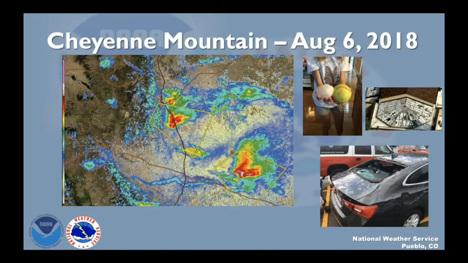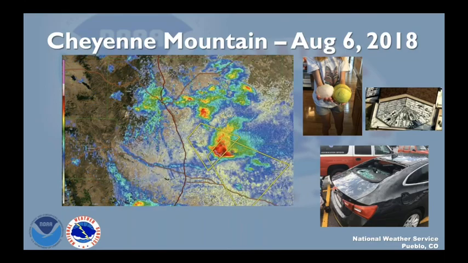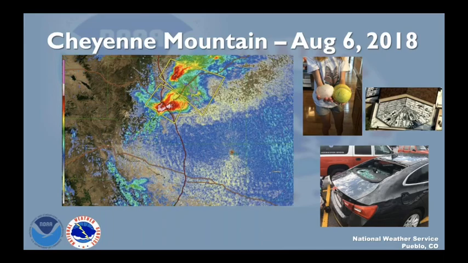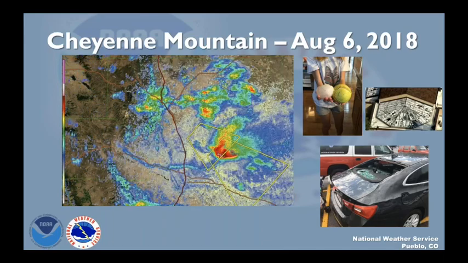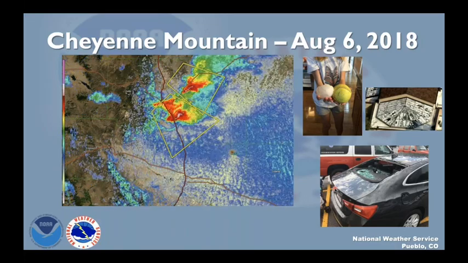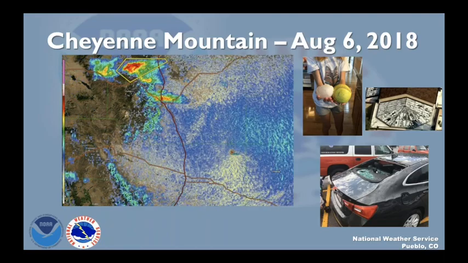Most notably, it killed a turkey vulture at Cheyenne Mountain Zoo, concussed a few bears, and there were a lot of people golfing in that golf course around that area. I don't know what it's called, but they were impacted by that hail. These are incredibly dangerous storms, and just imagine getting hit by a softball at 90 miles an hour. That won't feel good.